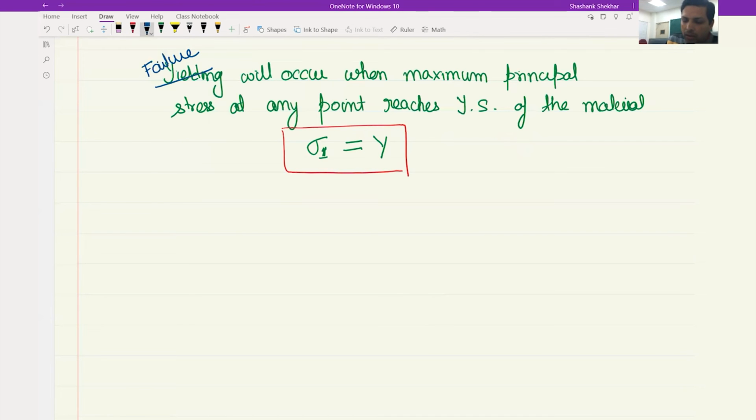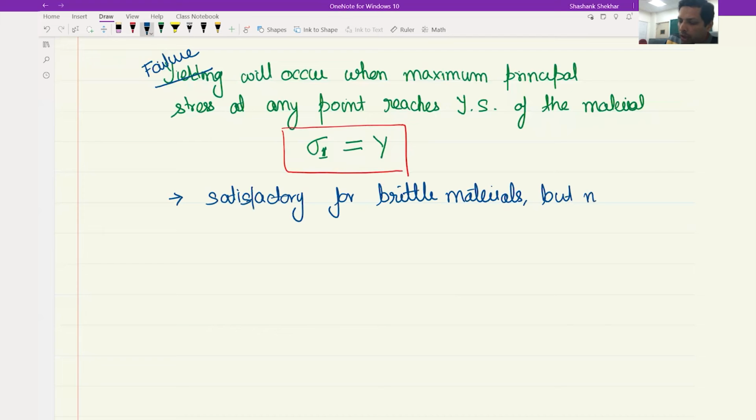It has been found to be satisfactory for brittle materials, but not applicable to ductile materials. So when you want to talk about failure of brittle materials, then you can apply this criterion, and it has been found to be fairly satisfactory.